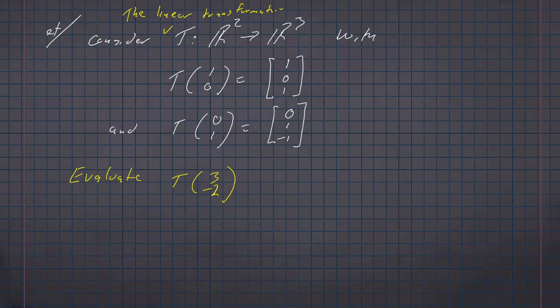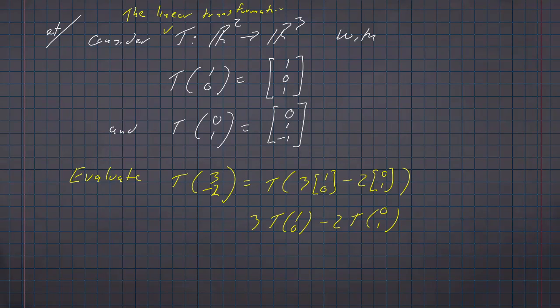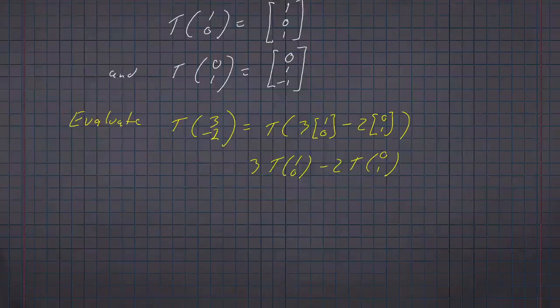So if I want to evaluate T of (3, -2), well, I can stretch that out and write (3, -2) as 3 times (1, 0) and -2 times (0, 1). Use the fact that T is linear to rewrite this as 3 times T of (1, 0) minus 2 times T of (0, 1), and use what was given to us in the problem.